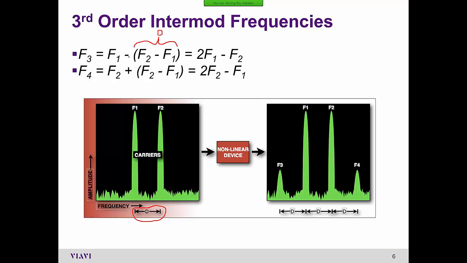And so if you factor out this equation, you end up saying that, okay, well, these signals F3 and F4, they can be represented by this formula. But really, all this formula really represents is that you have an artifact below and an artifact above the original signals.